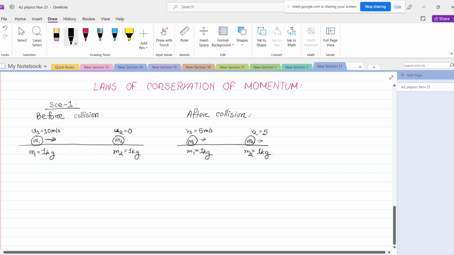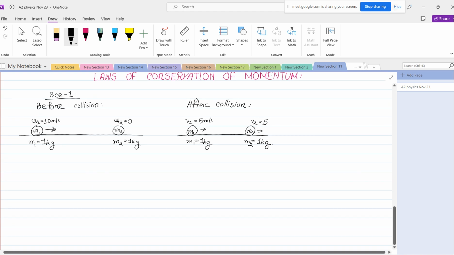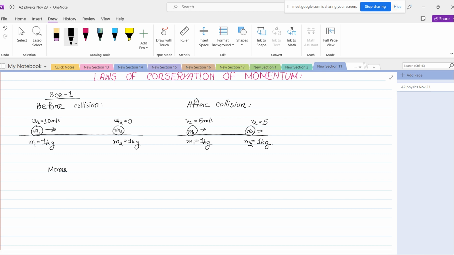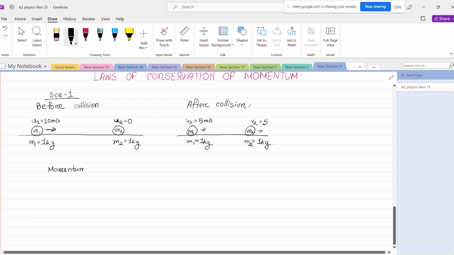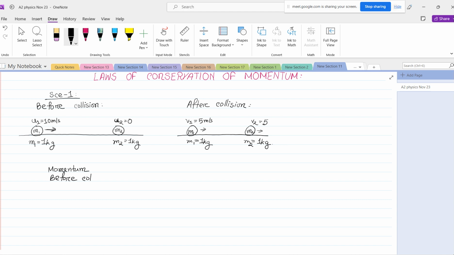Sorry for that. So we were working with before collision. Momentum before collision will be M1 U1 plus M2 U2.